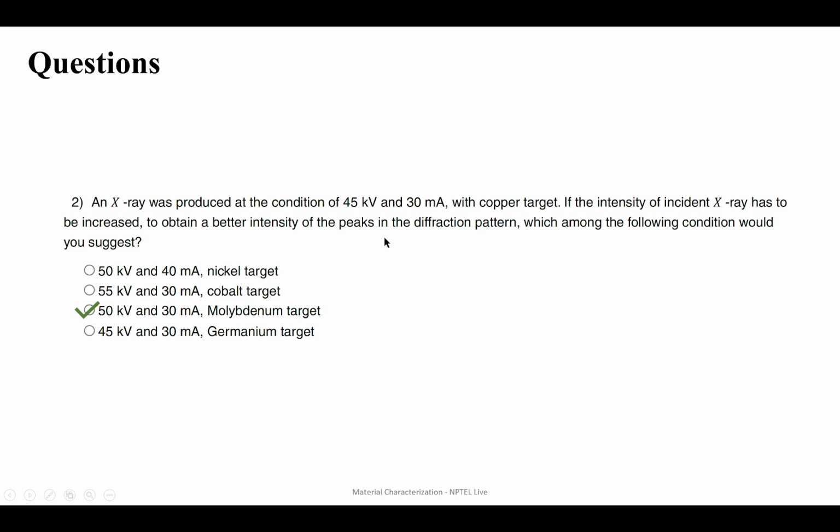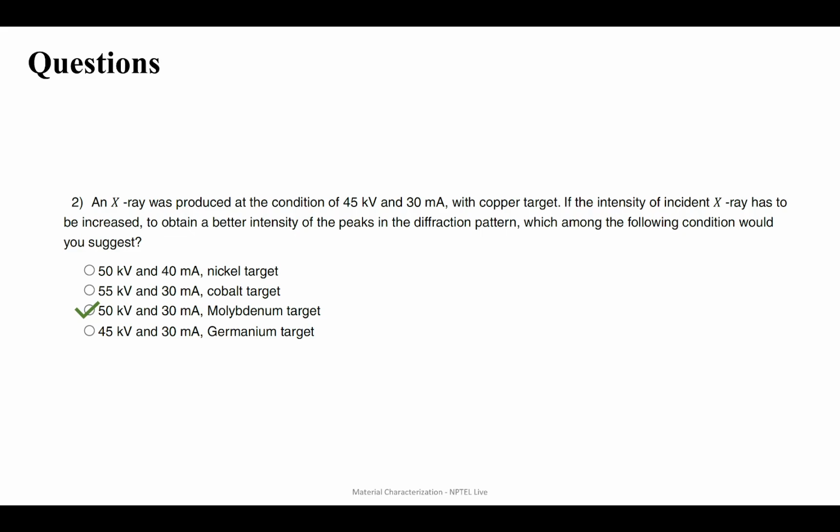For diffraction, we don't use Bremsstrahlung. We use characteristic wavelengths, and the intensity formula for characteristic wavelengths is different. There, if you go for molybdenum, you will have a lower intensity because molybdenum has a very high critical energy for characteristic wavelength.